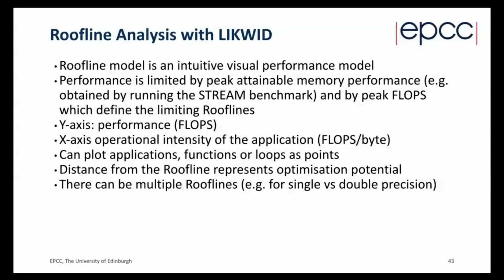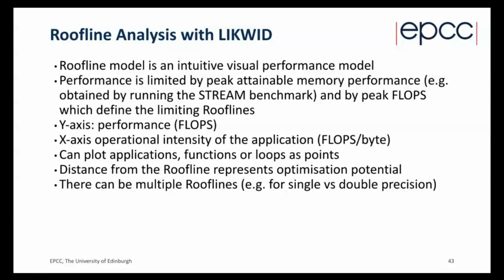Memory performance can be bound by running something like the stream benchmarks, which is commonly used to get the attainable performance with a triad code or load. Those are also included in likwid-bench. I'll give an example, and then let me move on to the visual representation of this.